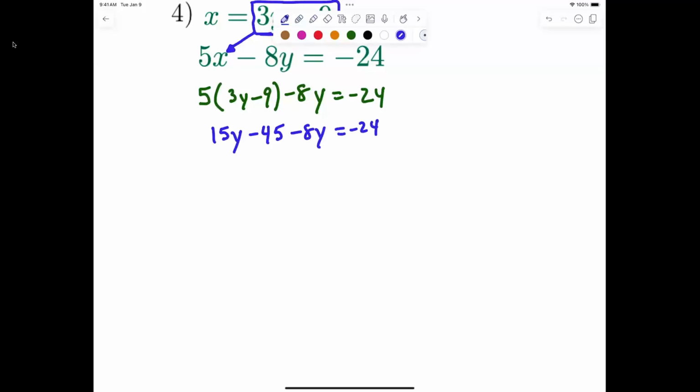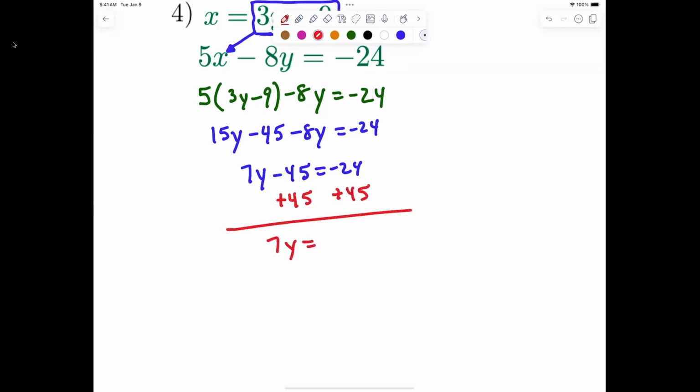What's 15y minus 8y? 7y. Now I have to do what? Thank you. So I end up with 7y equals 21. So what does y equal?